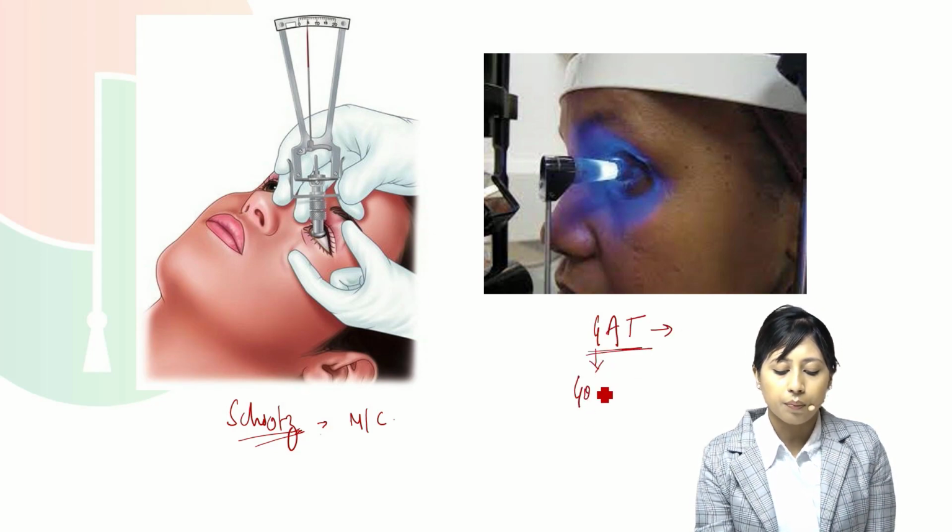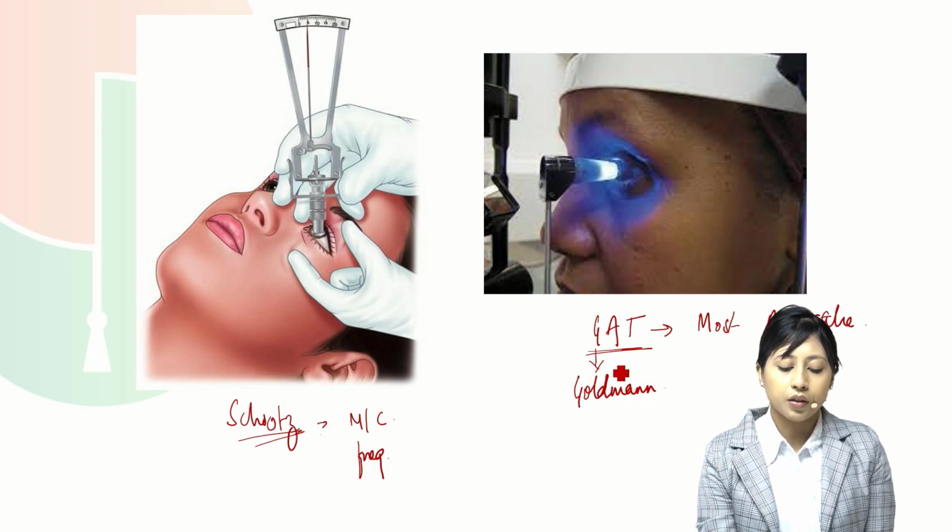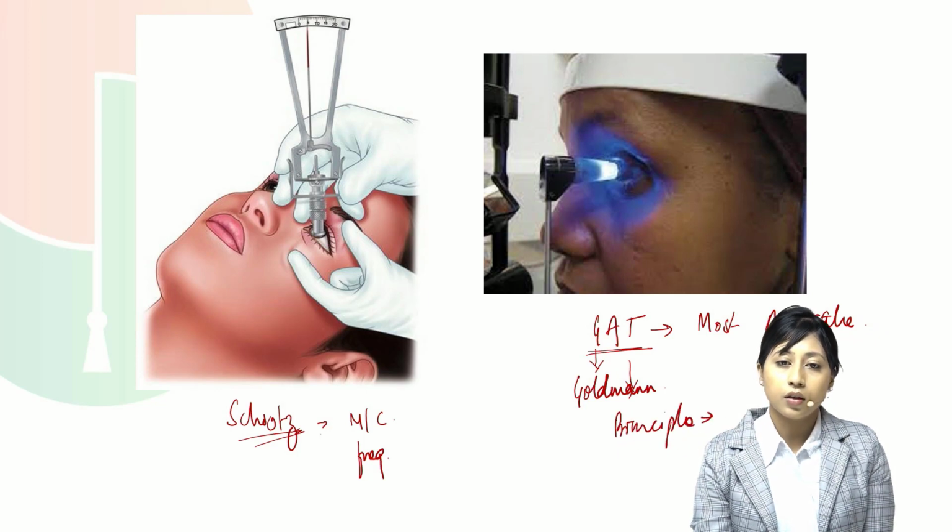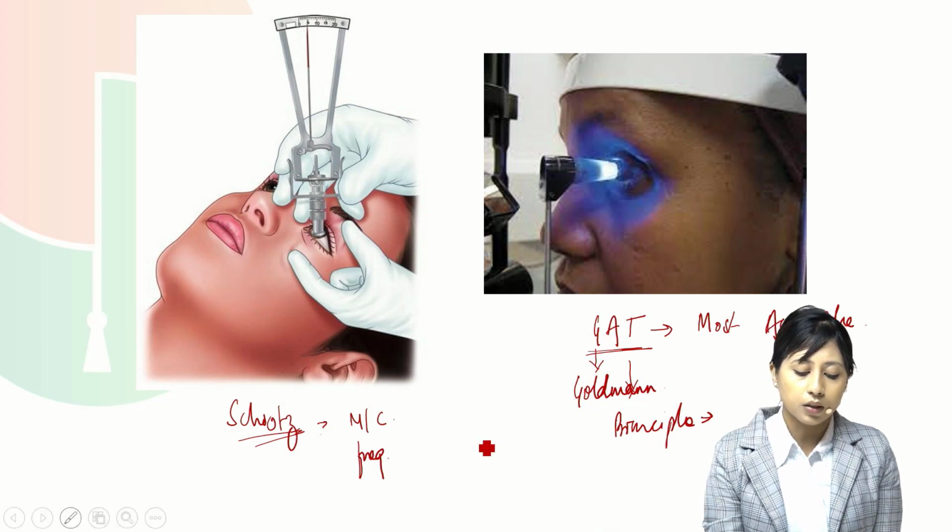This is the most accurate. It is frequently used, and it is the most accurate. And what is the principle? GAT works on which principle? This is also one important question. The principle is the Imbert-Fick law.